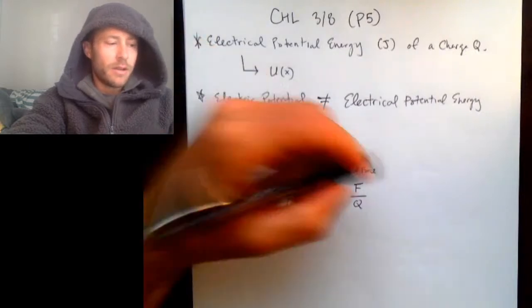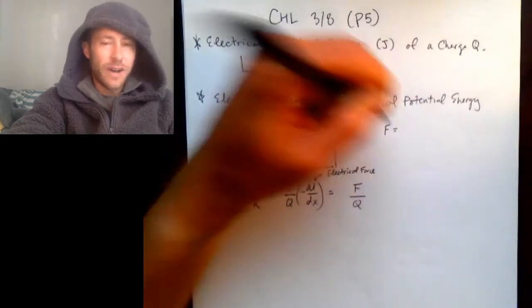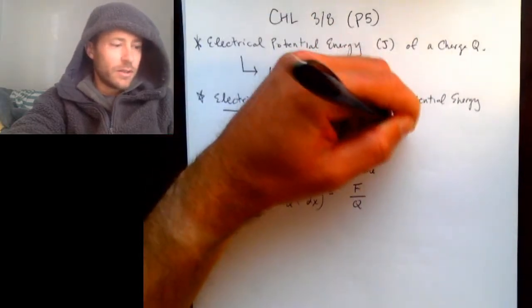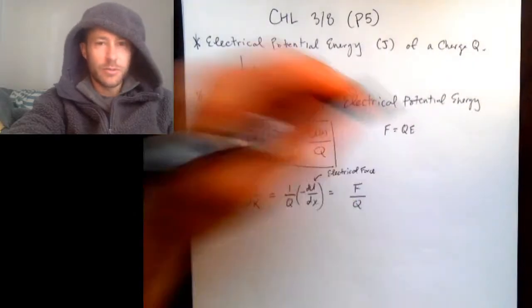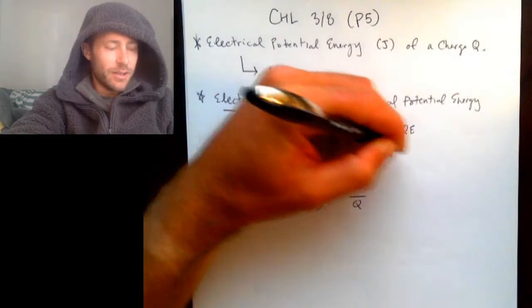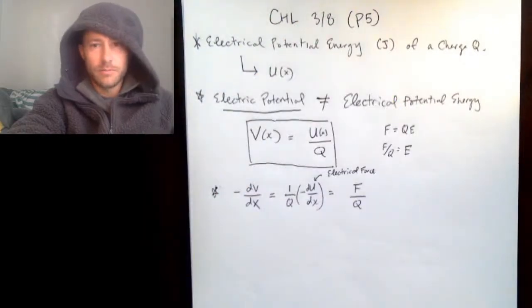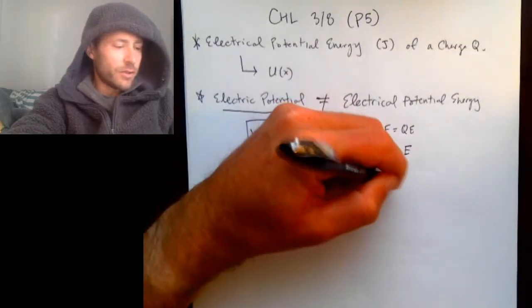Now, if you recall, the electric field is defined as the electrical force is charge times electric field. So F over Q is equal to the electric field. Okay? So this is just the electric field.